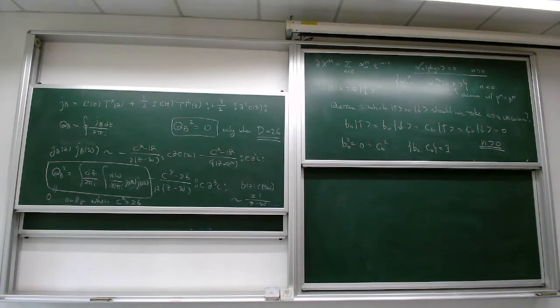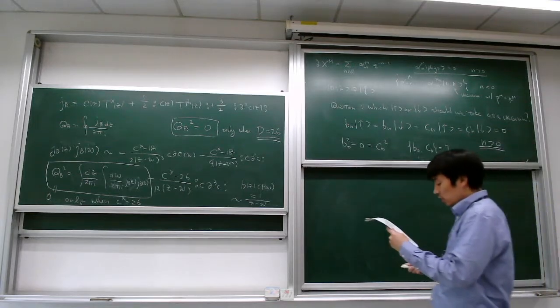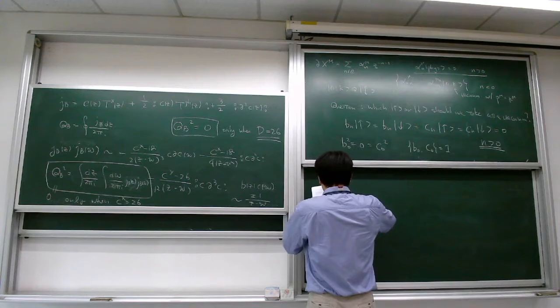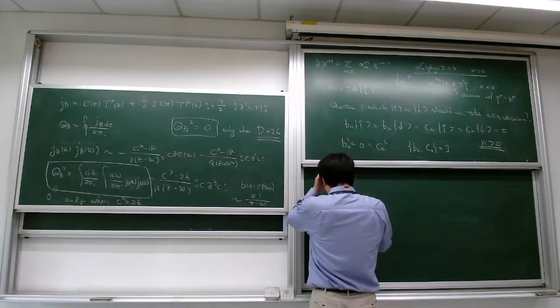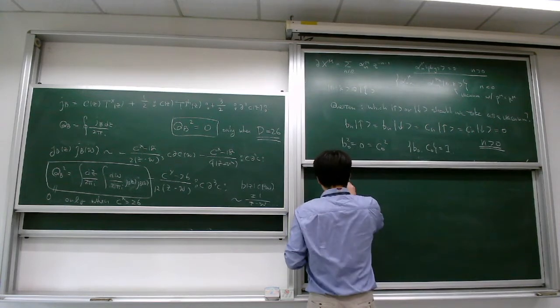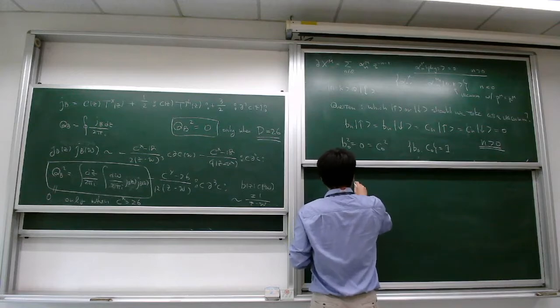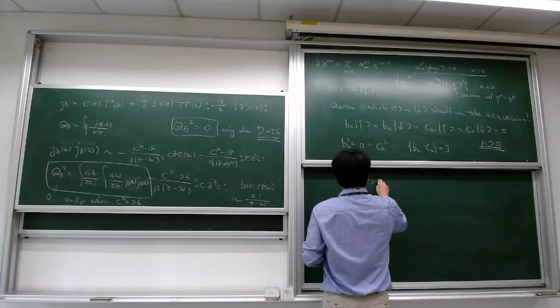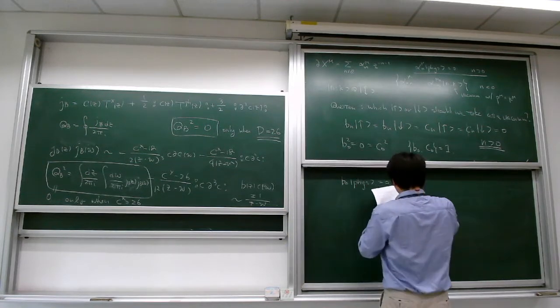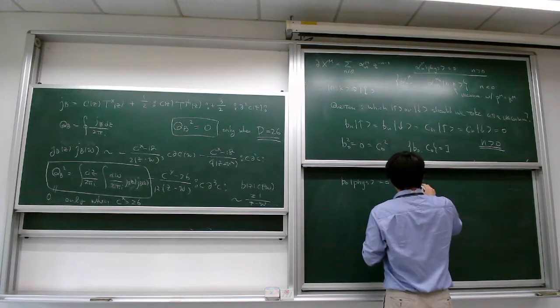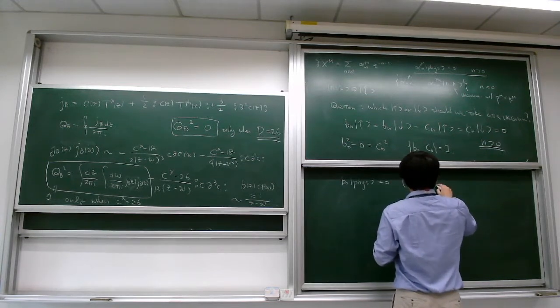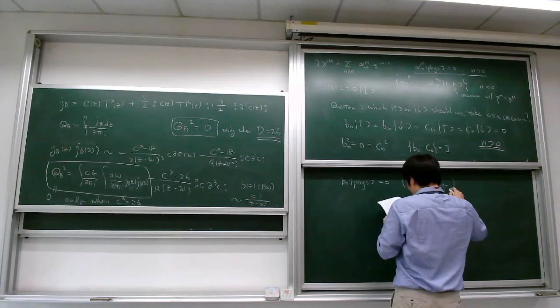So the question is, which one we should take as a vacuum. So we impose the condition b0 on the physical state equal to 0. So this is called the Siegel gauge.